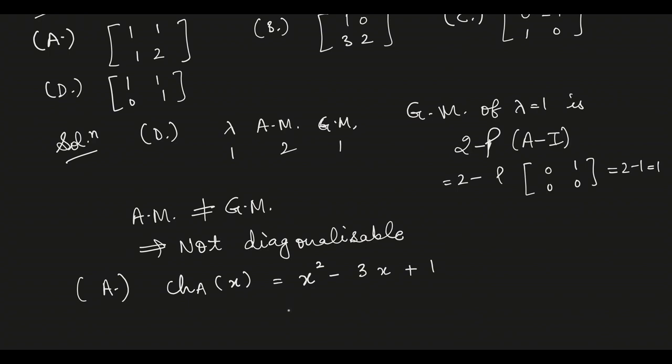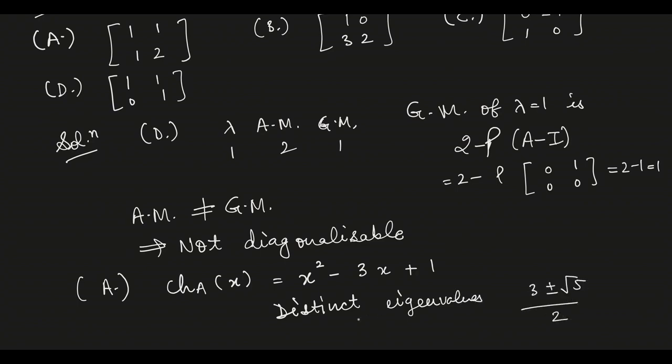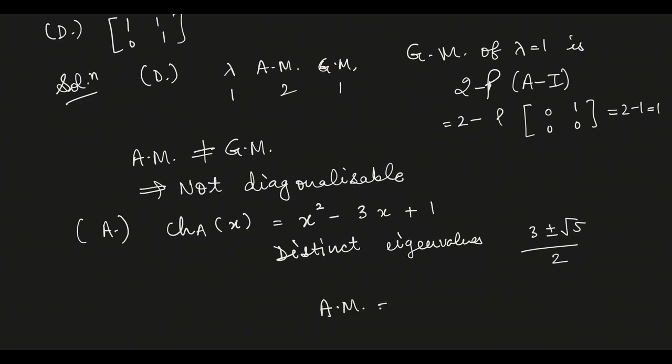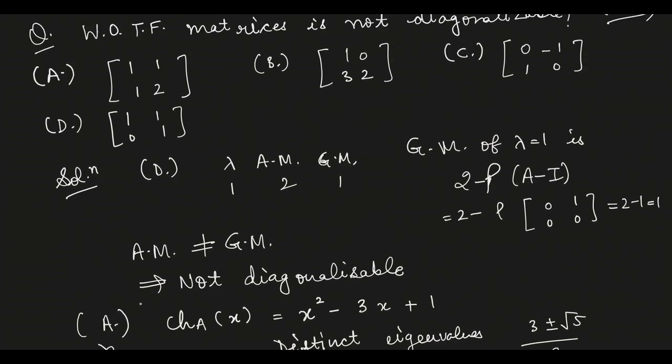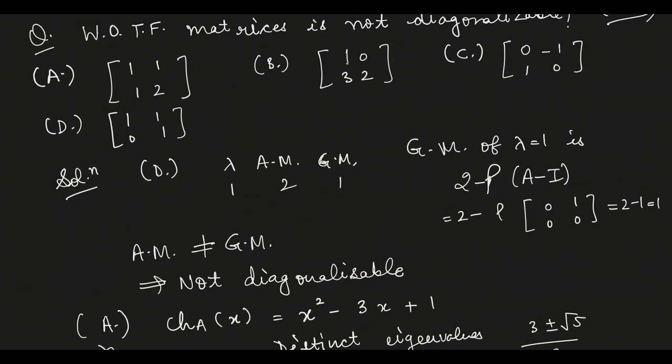So the eigenvalues will be distinct here, and with distinct eigenvalues it is diagonalizable. They will be 3 plus minus root 5 by 2. That is why AM equals GM, so it is diagonalizable. And in option B, it is also distinct, 1 and 2.